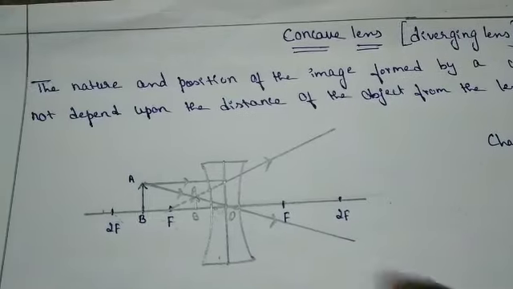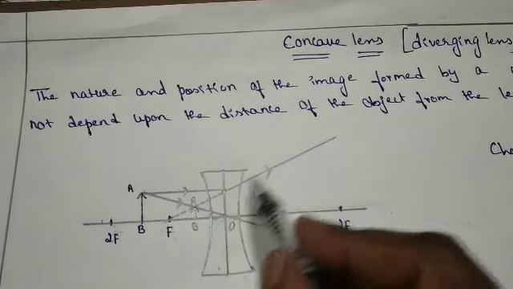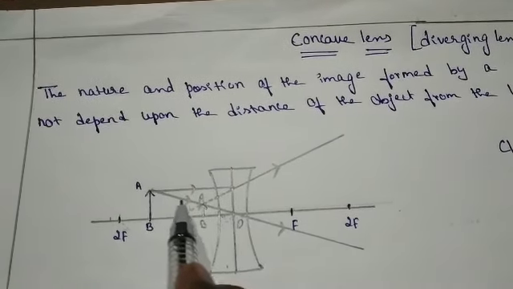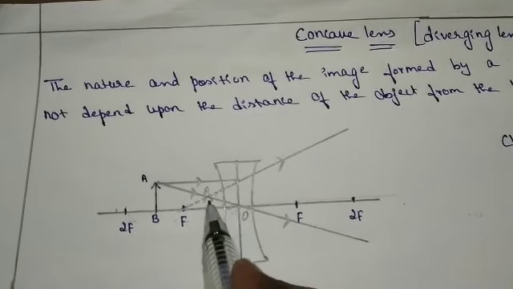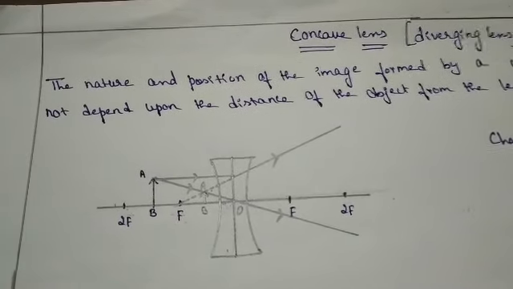We know that the concave lens is diverging, so it gets diverged near the aperture. The other ray passes through the optical center. Where these two rays intersect, there the image is formed. You can see the image formed, which is written with the pencil.